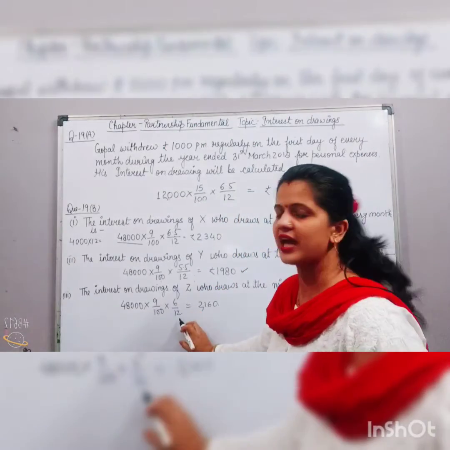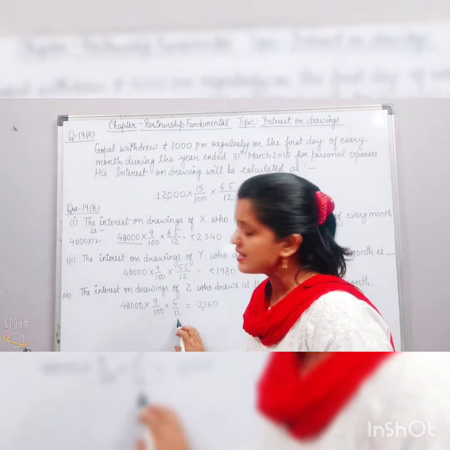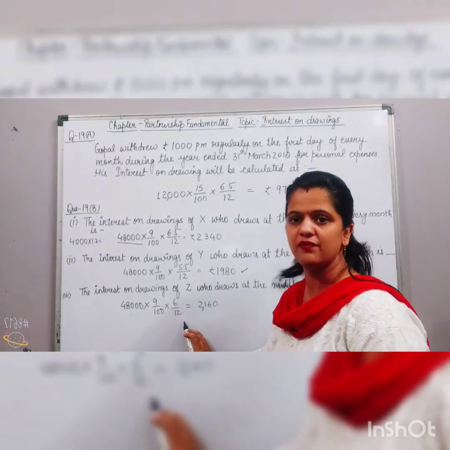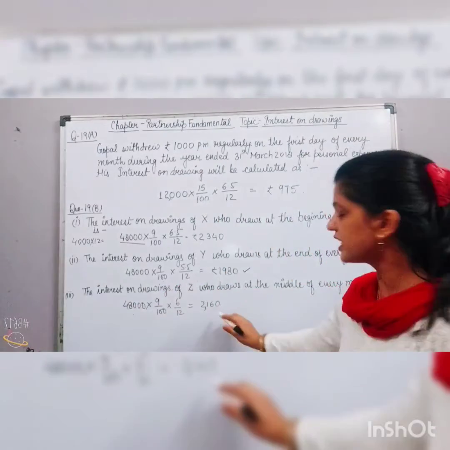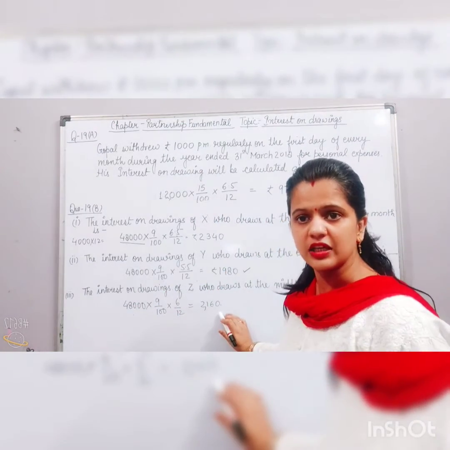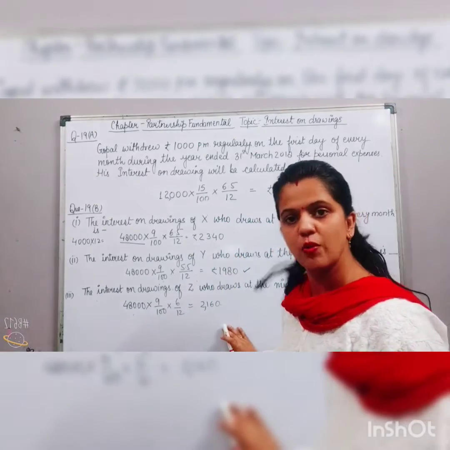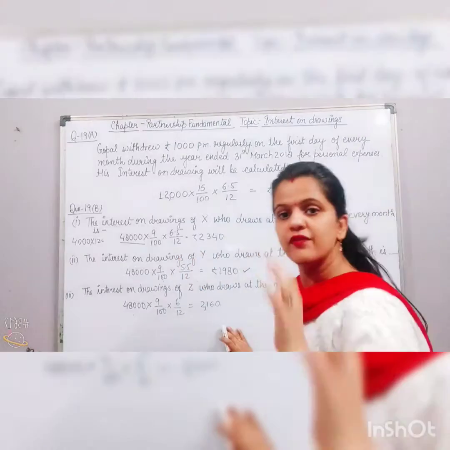Then the average period will be 6 months. So 48,000 into 9 upon 100 into 6 upon 12, and we will get 2160.